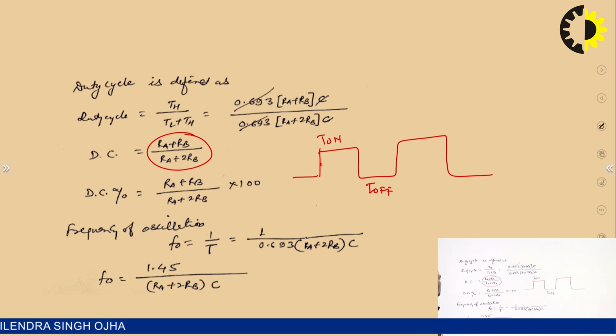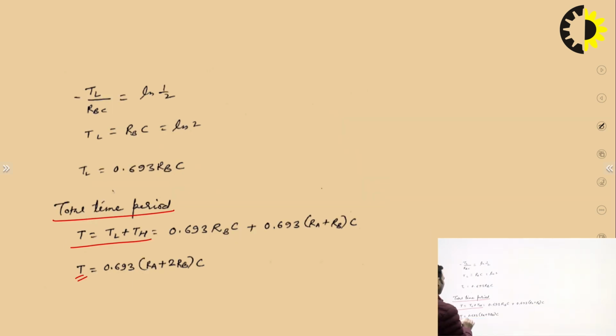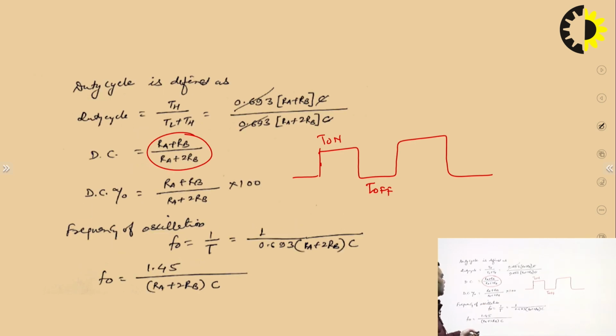And what should be the frequency of oscillation? You have found out this T, and frequency of oscillation is nothing but 1 upon time period. So you can simply divide 1 by 0.693 into (RA plus 2 RB) into C. So this factor will become 1.45.